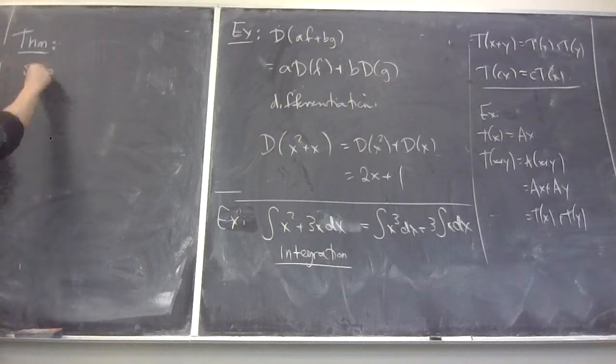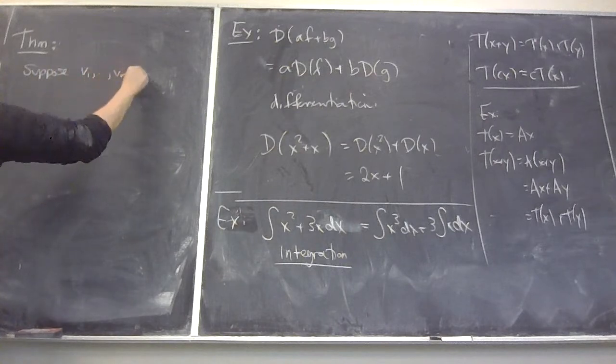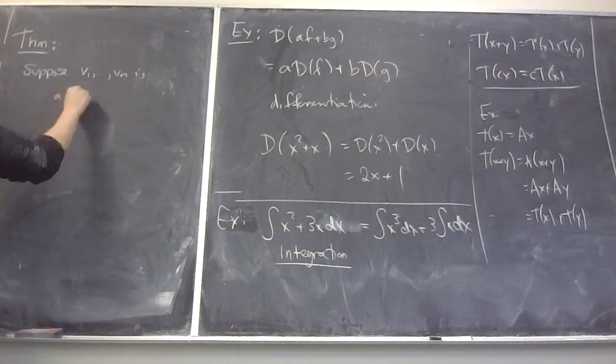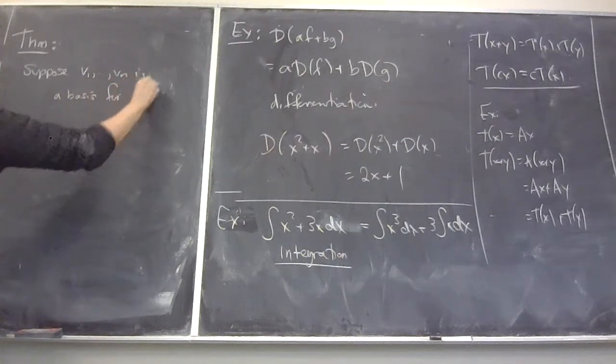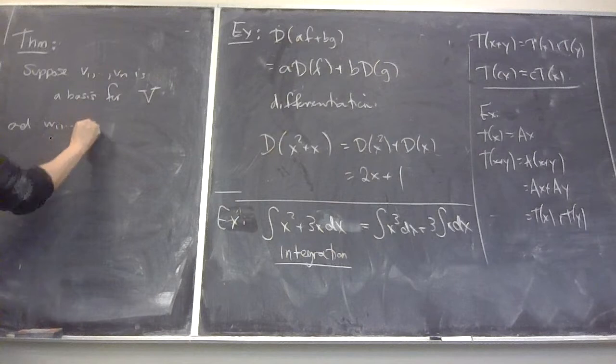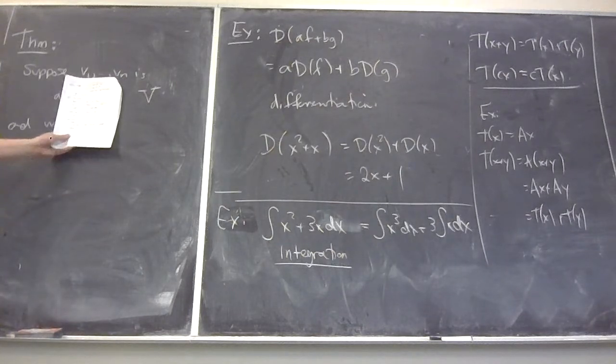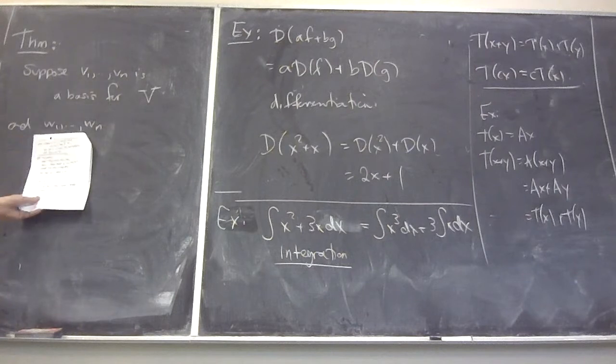Okay, so suppose that V1 to Vn is a basis for V, and W1 to Wn, notice these are the same n now, right? These spaces are of the same dimension. We've got a basis of size n here and another basis of size n here.